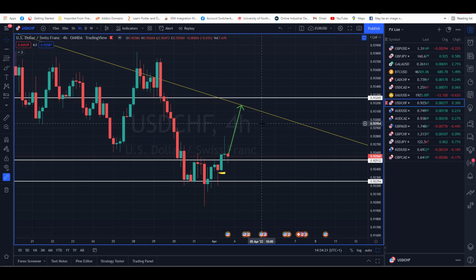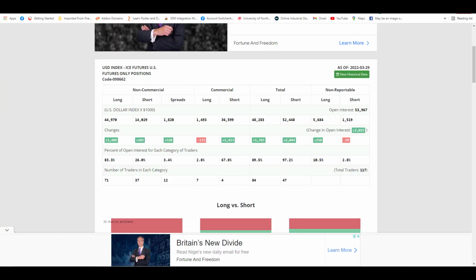I mean, the commercial banks, the investment banks, and all of that, right? So when they take positions, they are under obligation to publish the sizes and the currency pairs that they are taking those positions on. So let's take a quick look at that Commitment of Traders report now.